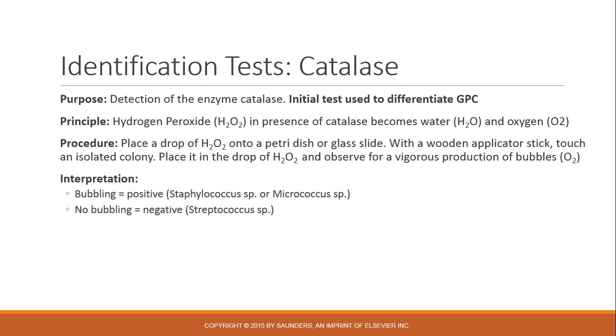It's basically touching the colony to a drop of hydrogen peroxide. If the organism produces the catalase enzyme, it's going to break down the hydrogen peroxide into water and oxygen. So we'll see a bunch of bubbles produced. The principle here is hydrogen peroxide, or H2O2, in the presence of the catalase enzyme becomes water and oxygen.